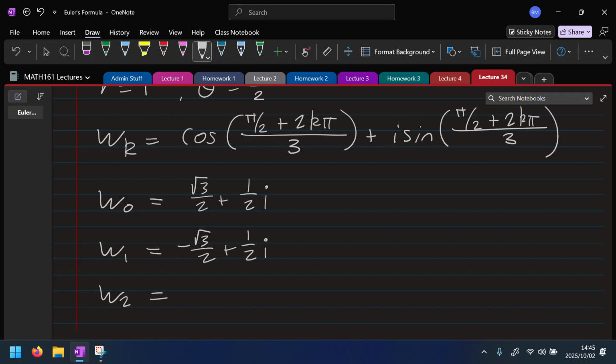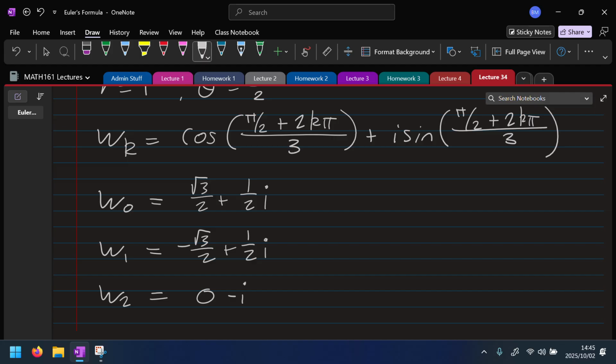And last one, W2. Yep. That's right. Okay, so we have our 3 roots there.